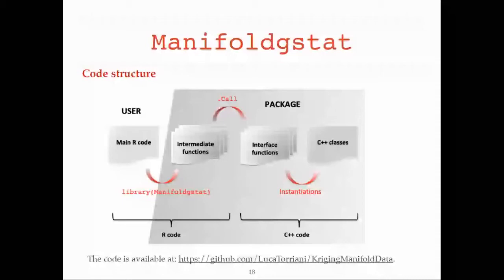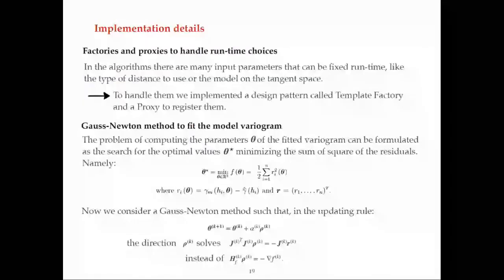When the user calls a method of the package, an R intermediate function is invoked, and exploiting the Rcpp library, it in turn calls a C++ routine. And now we know you have all been craving for some details about the code, so here they are.